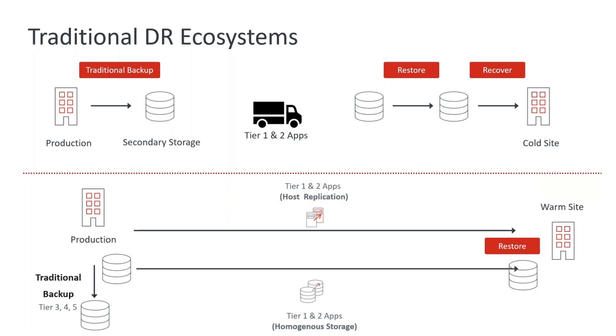The next evolution of that was when we got more real-time replication of data. In this space, maybe those top tier applications migrated to real-time replication into some type of warm site, so that you could have somewhat of a restart capability. The data's already there, sitting on disk, and it would be a matter of how do I restart applications and swing networks over for those high tier applications, tier 1, tier 2.